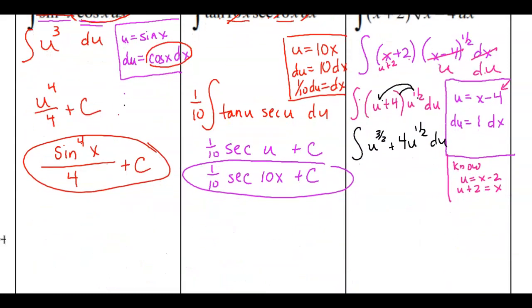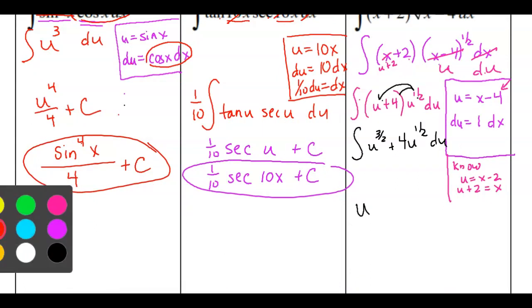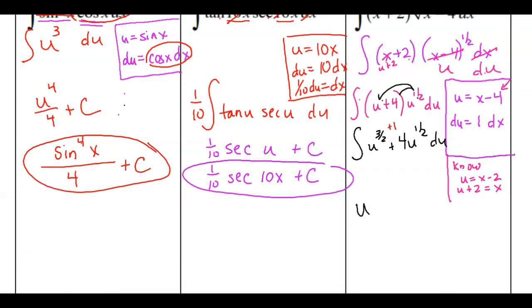So I'm going to integrate. We add 1. Let's do red. So u to the 5/2 multiplied by the reciprocal. Then 4, add 1, u to the 3/2 multiplied by the reciprocal, plus c. This time I just have 2 u's to substitute back in, but that's fine.